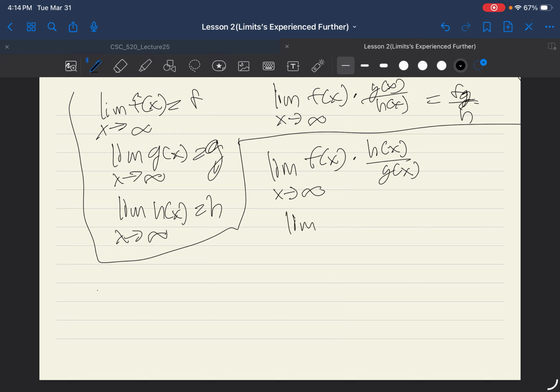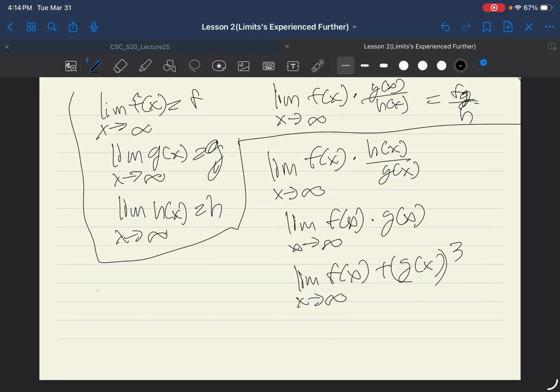The limit as x approaches infinity of f of x times g of x. The limit as x approaches infinity of f of x plus g of x cubed times the square root of h of x.